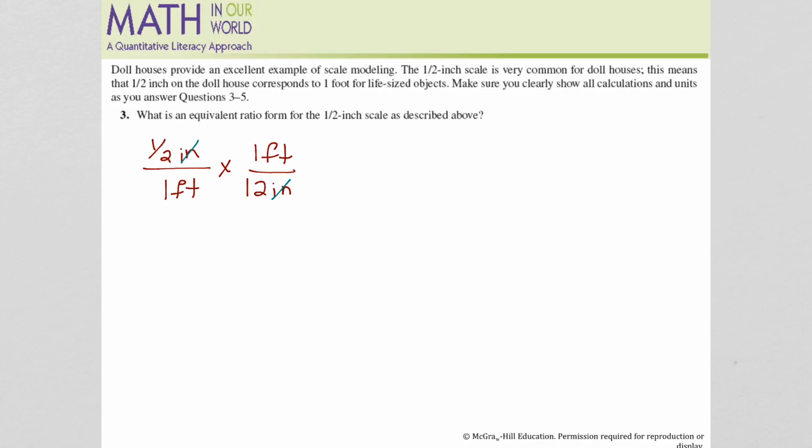Notice our units go away altogether. And so if we multiply here, we've got the 1/2 inch there times 1 over 12 here. That's 1 over 24. And lastly, it asks us to write it in a ratio form. We could also write that as 1 to 24 like this.